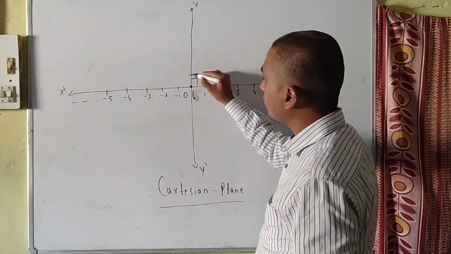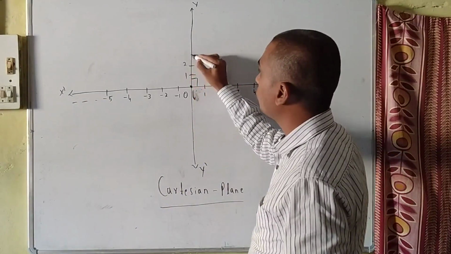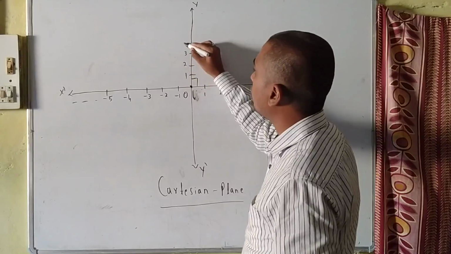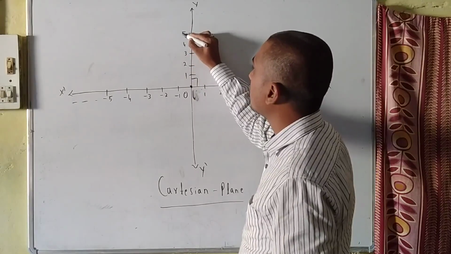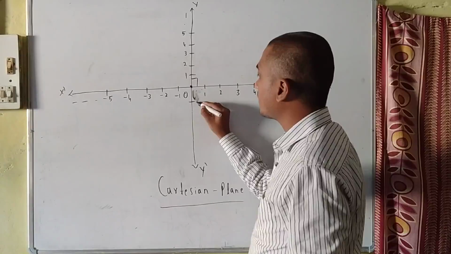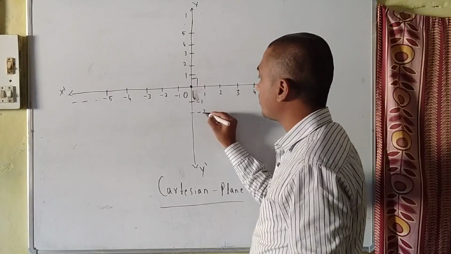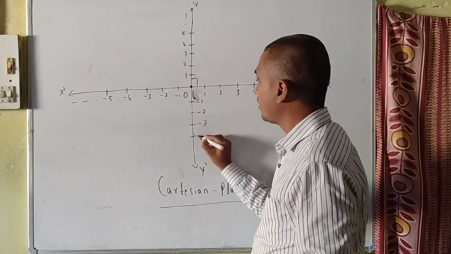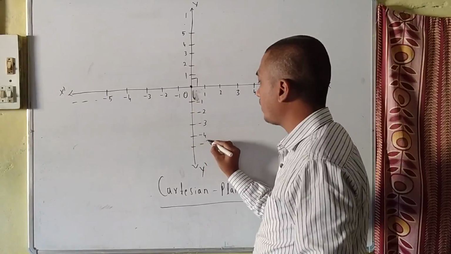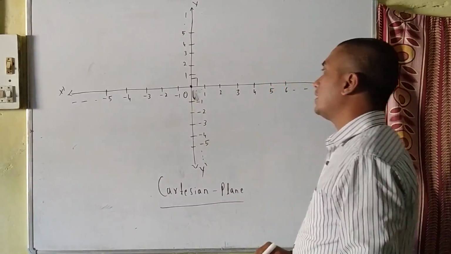This is the positive side of the y-axis: 1, 2, 3, 4, 5, and it goes on. This is the negative side of the y-axis: -1, -2, -3, -4, -5, and it goes on.